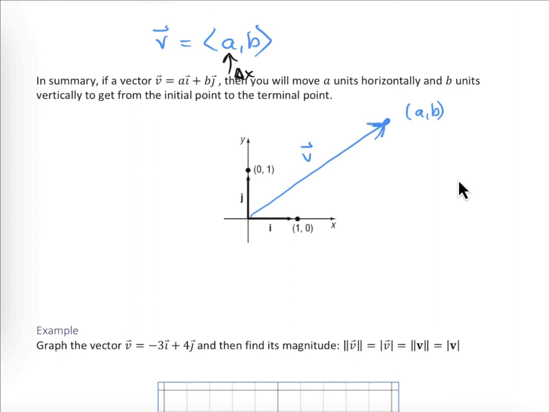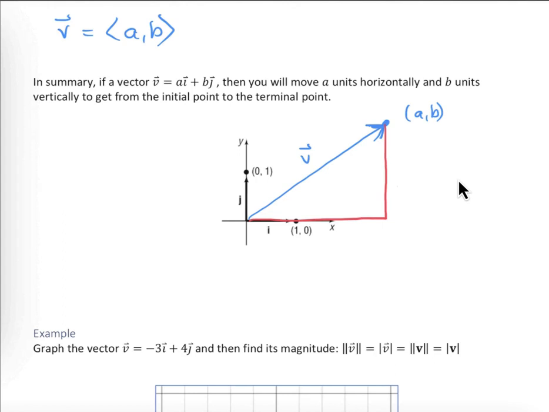My a is representing how far I have to travel in the direction of x, or we'll call that my change in x. My b is representing how far I'm traveling in the direction of y. We could also call that the change in y. But to keep it closer to our component form or position vector form, let's say that this is side a and this is side b.